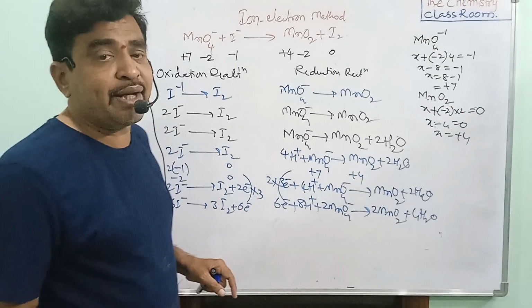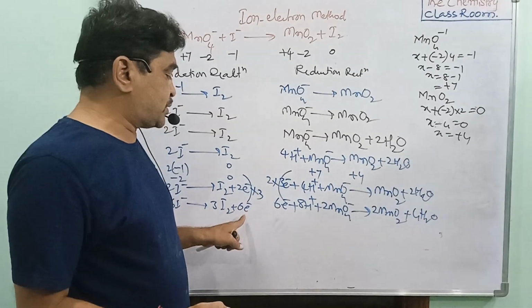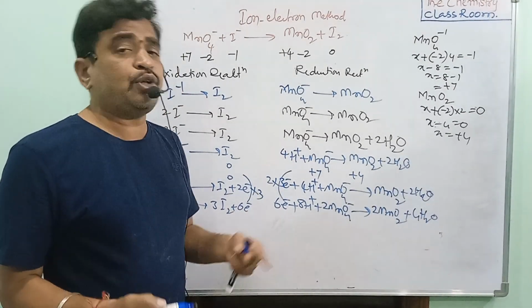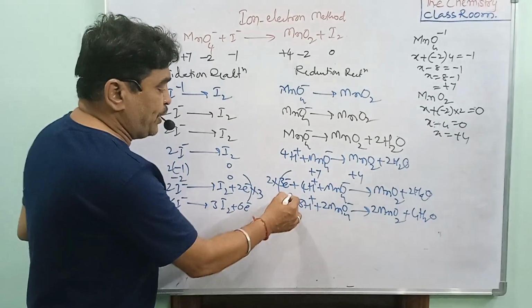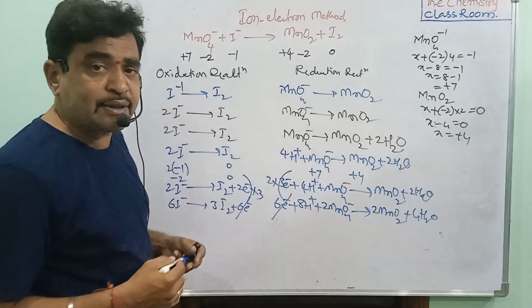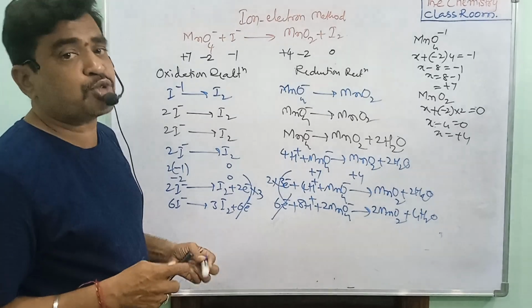Now we can add the reactions. Why? Because here the electrons on both sides are equal, so they automatically get cancelled.